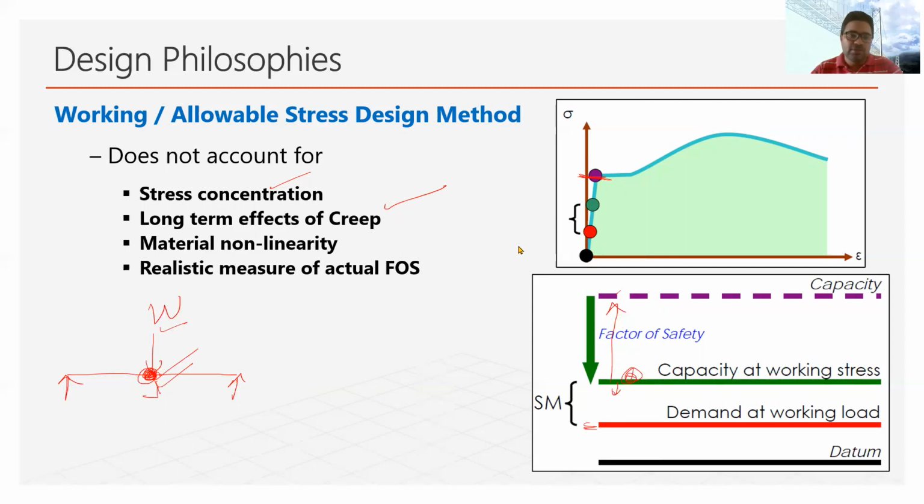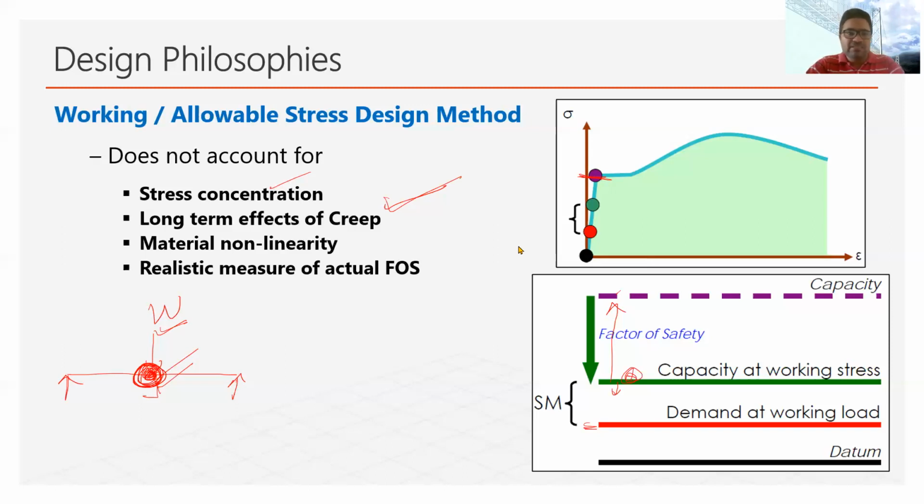So this load will not affect this beam here in the beginning, but as time passes, this point will be under high stress and it will start deforming after some time. That happens because of the phenomenon of creep. So the creep phenomenon is also not considered in the working stress method, and that is a drawback of the working stress method.